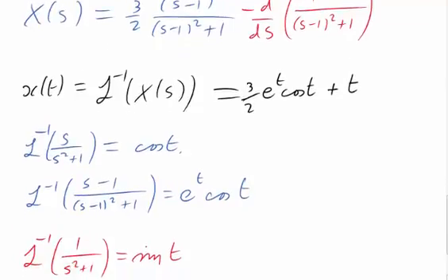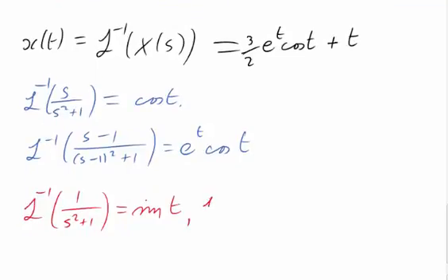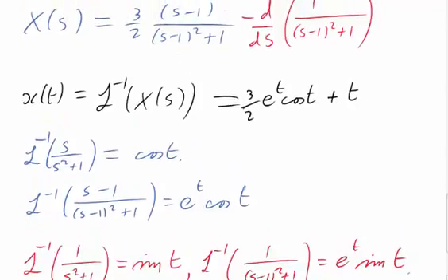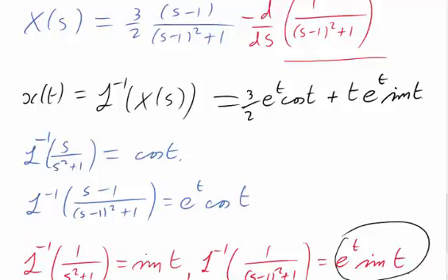That's just another effect of the shift theorem. So the inverse for 1 over s minus 1 squared plus 1 must be e to the t sine t. But now, the transform we've just taken appears here, but there's minus d by ds in front. That means we have to use the answer here and simply multiply it by the t. So there, finally, is our x of t.